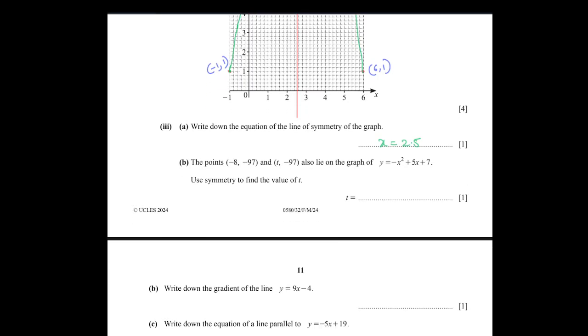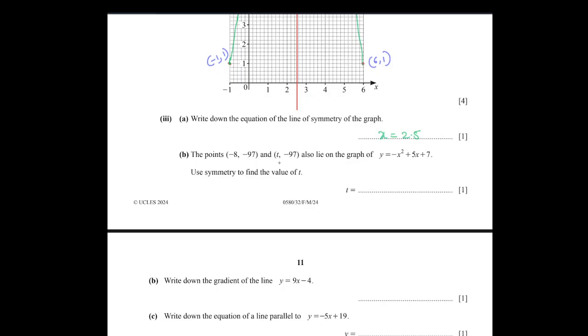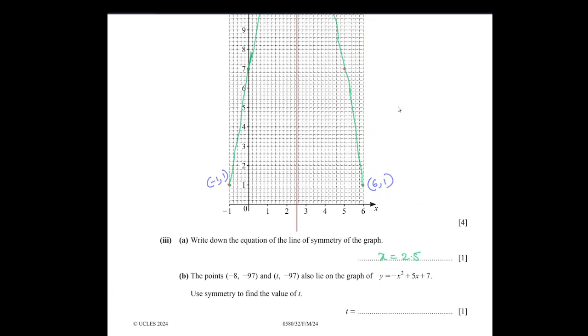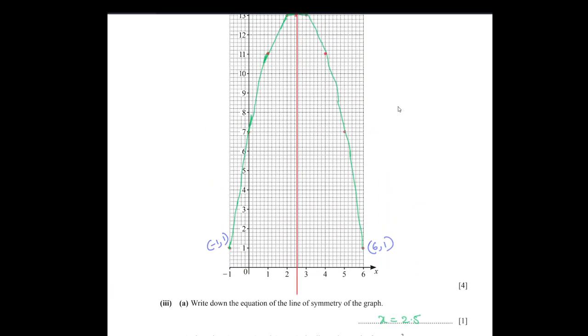So -8, to get t, here the x coordinate is -8 and we need to find the x coordinate of the other side of the graph. So let us first study the graph by seeing the x coordinates.